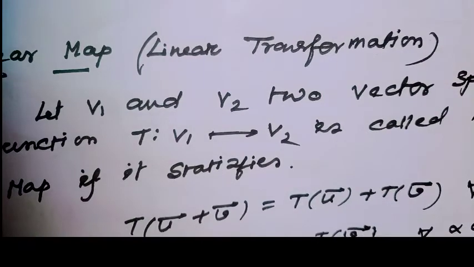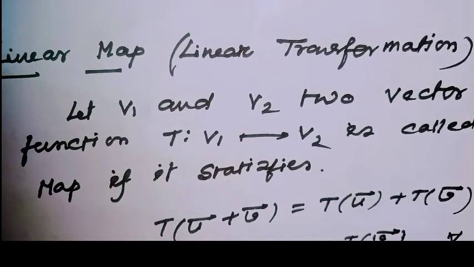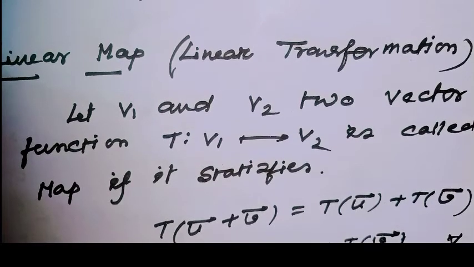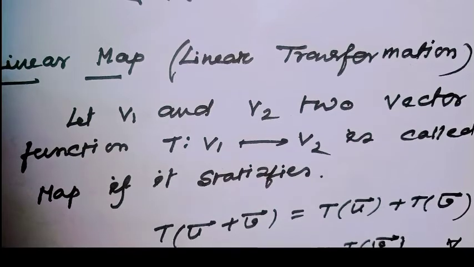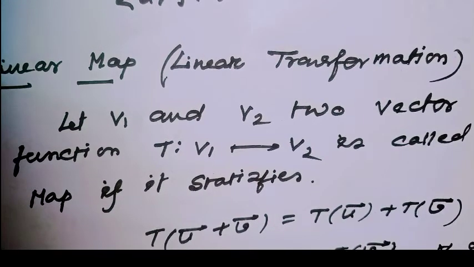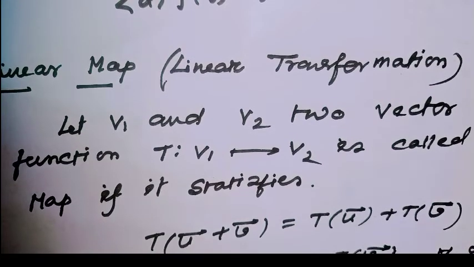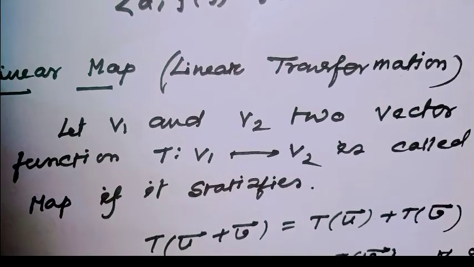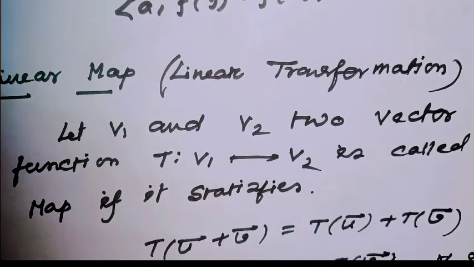Now I will see what a linear map or linear transformation is. Actually, I will discuss this part in vector algebra, but to define differentiability in multivariable calculus, we need some basic idea about linear transformations. So let's say what a linear transformation is.